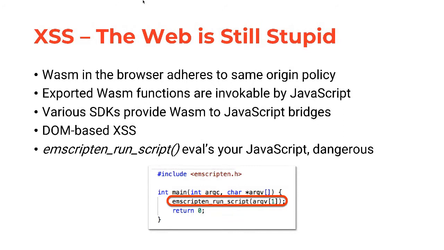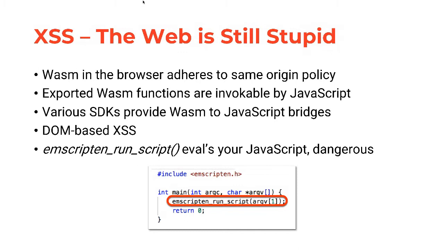So let's take a look at everyone's favorite vulnerability of all time, cross-site scripting. You can have cross-site scripting, especially when you have communications between the WebAssembly and being able to invoke JavaScript. Depending on the SDK you're using to build your WebAssembly code, you may very well have these different things that will let you invoke JS and interact with the browser application.